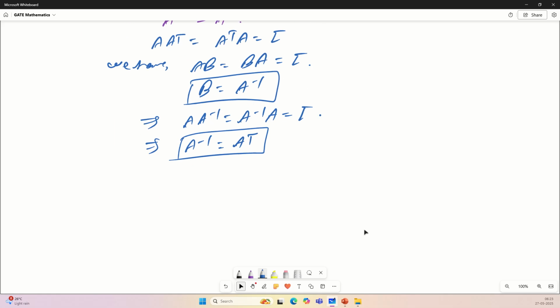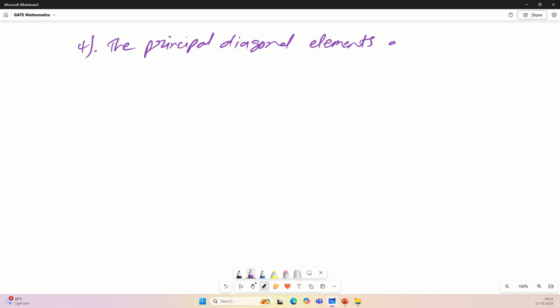Let us take the next property. It says that principal diagonal elements of skew symmetric matrix are always 0.